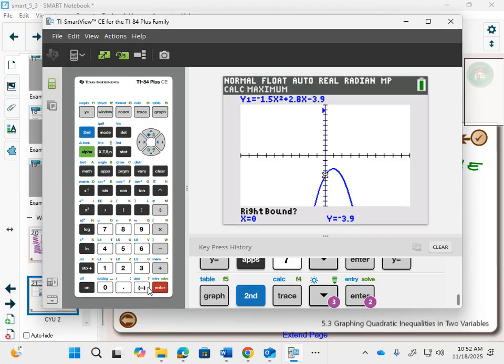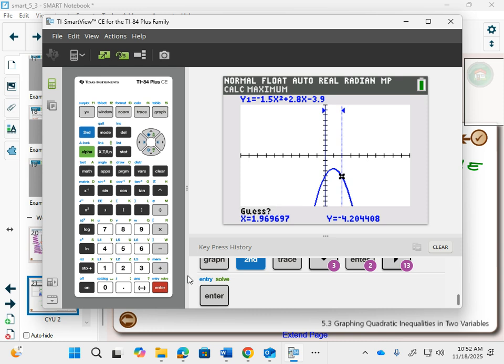Then it says go to the right side of your maximum. Well, I'm going to have to arrow over. And I push enter. Notice it adds 2 lines here. If your maximum is between those 2 lines, when you push enter, it will find it. And our vertex happened to be at 0.933, 2.593, which was not really a lot of fun to do by hand.